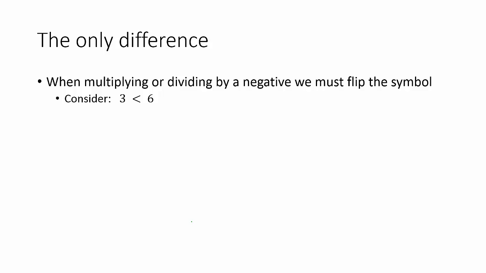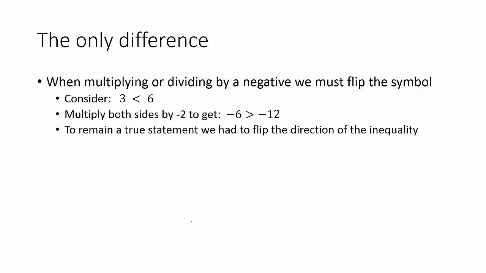If I were to multiply both sides by negative 2, we would have a negative 6 and a negative 12. However, to be true, negative 6 is now closer to 0 than negative 12. Notice that the inequality had to flip directions. It now opens to the left and points at the right because we multiplied by a negative. When we multiply or divide by a negative, we must flip the inequality to keep it a true statement.